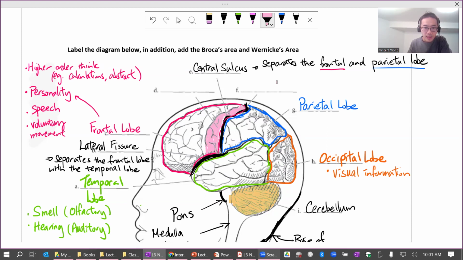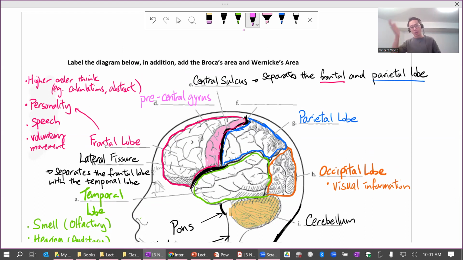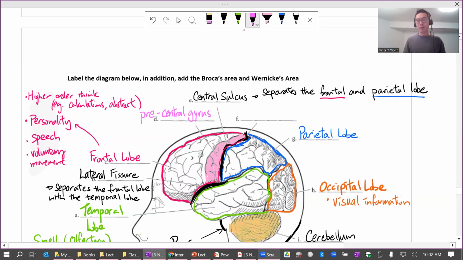This area here is called the precentral gyrus. There is the central sulcus, which is the black line that separates the frontal and the parietal lobe. So the gyrus, the bump that's in front of the central sulcus, is called the precentral gyrus.